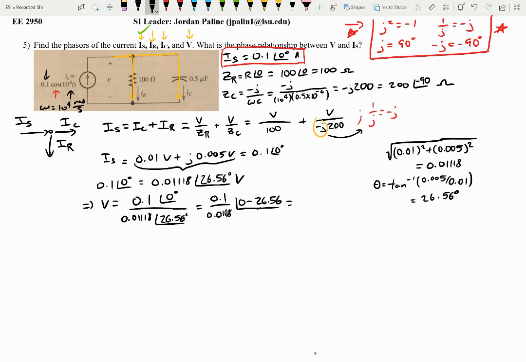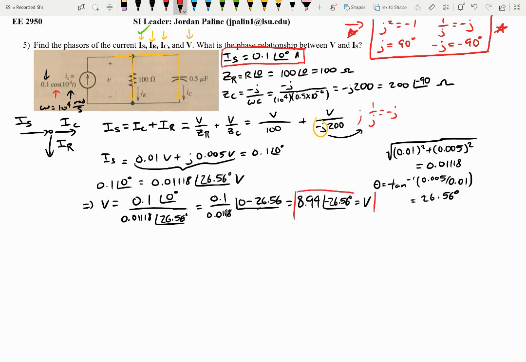Therefore, the voltage is going to be 8.94 at an angle of negative 26.56 degrees. And that'll be your V.